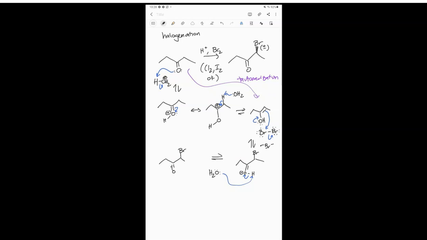And we're going to see that this process, the acid-catalyzed halogenation of the alpha position of a carbonyl compound, will have some regiochemistry associated with it as well.